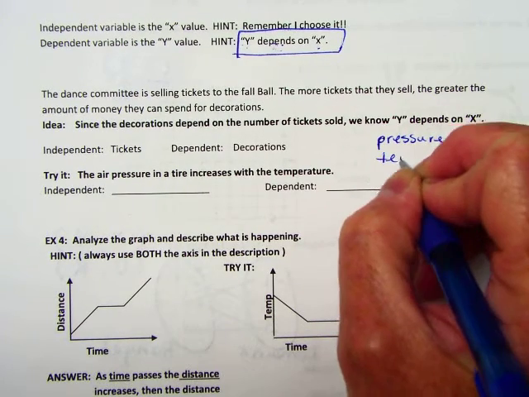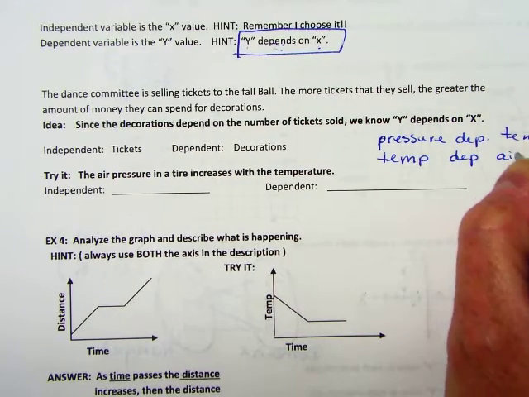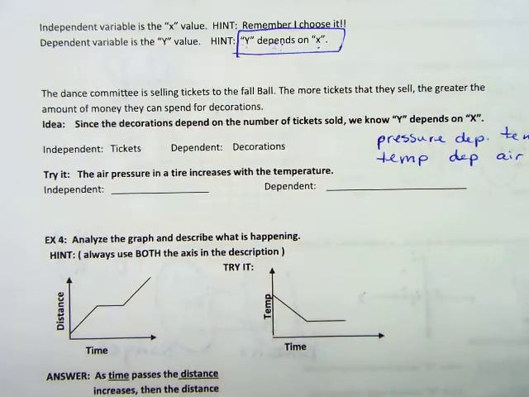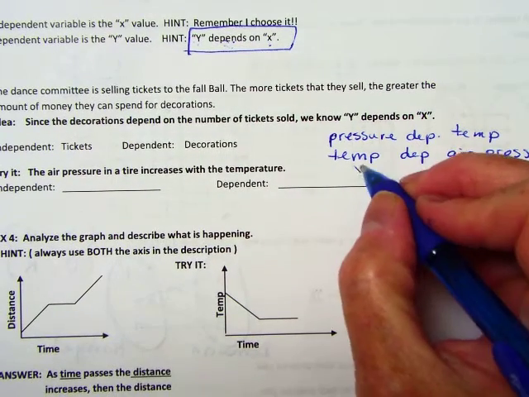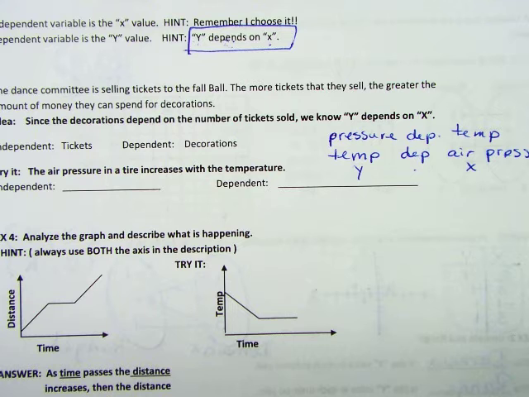Or does the temperature outside depend on the air pressure in the tire? So it's going to be y depends on x. So which one makes sense there?